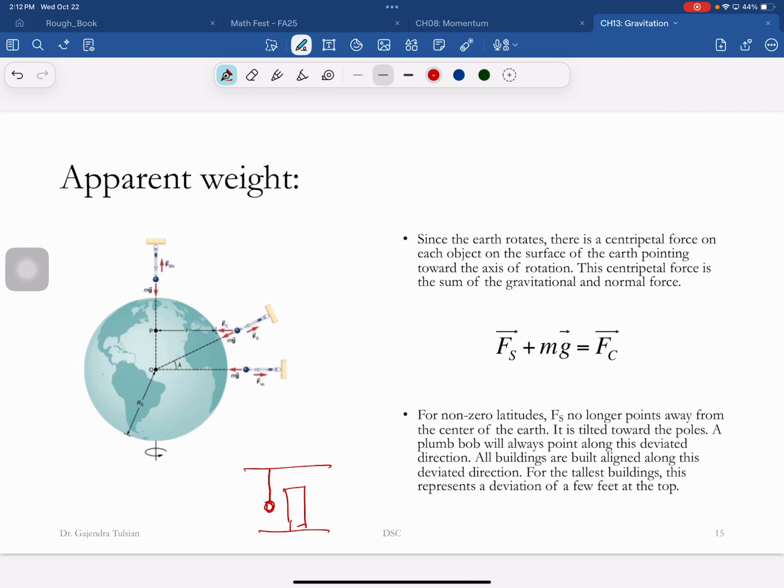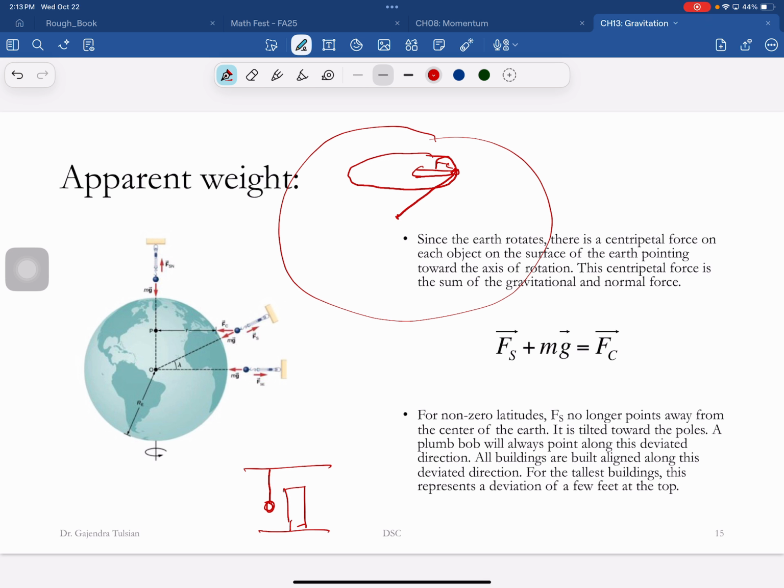So in New York, there's the center of the circle, and this is exaggerated. You need a centripetal force in that direction. The weight on the plumb bob is towards the center of the Earth. So there's the center of the Earth.